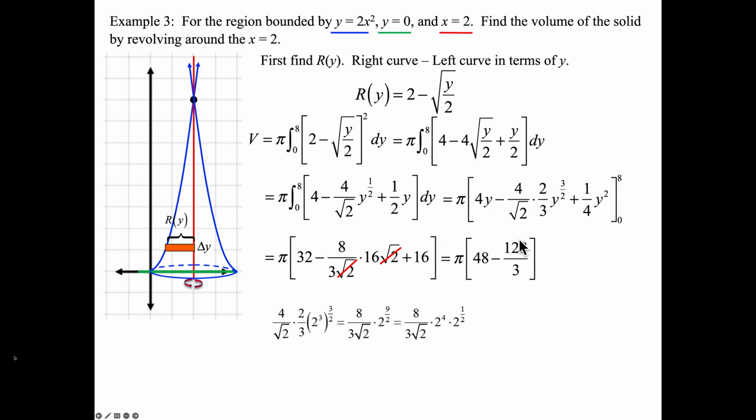As I said, minus my 128 over 3, that's this middle term. Alright, subtract these two. Well, 48 times 3 minus 128 in the calculator is 16, so that's 16 pi over 3 units cubed. And that's our disk method.